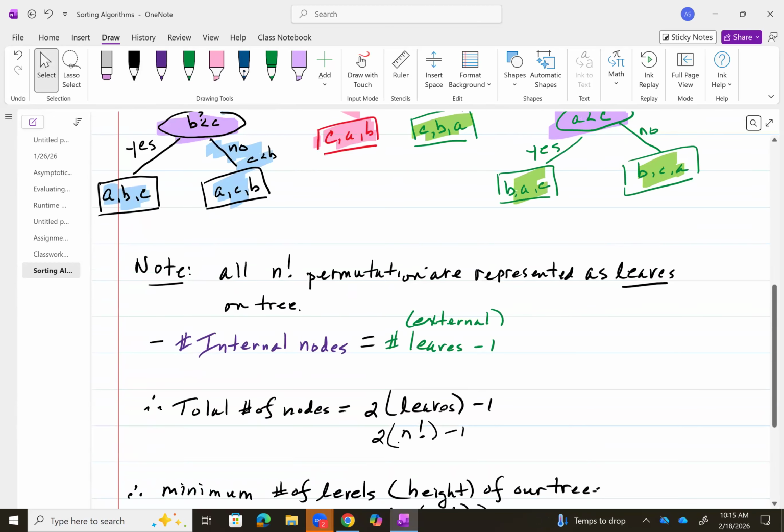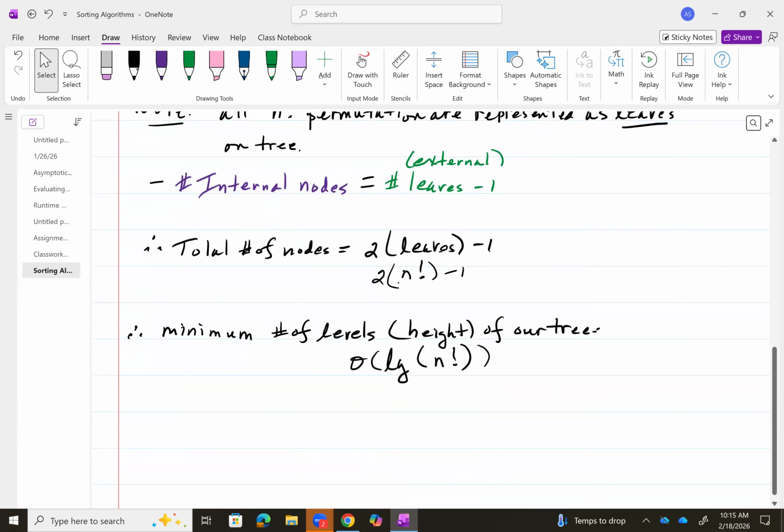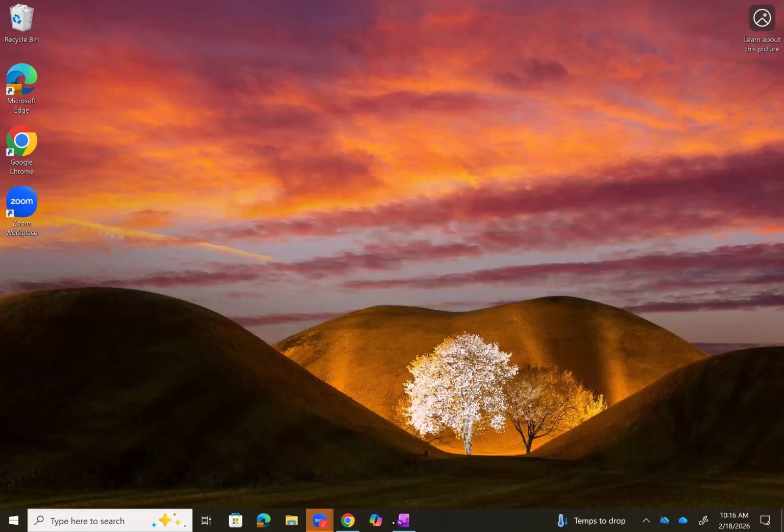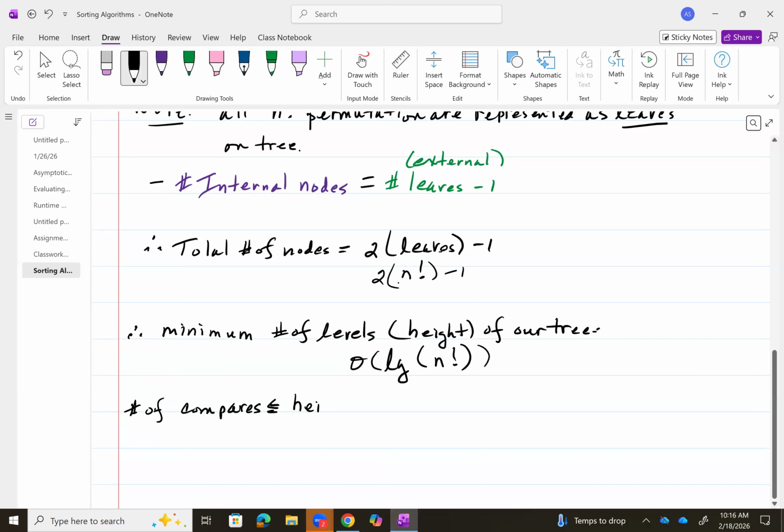the sorting is going to be equal to the height of the tree. Since no matter how well I ask the questions, the number of comparisons is going to be how many times I ask the question, which is the trip from the root down to the correct sorting, which we know is bounded by the height of the tree.